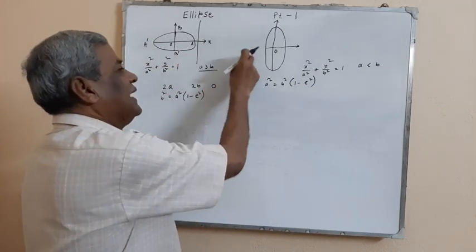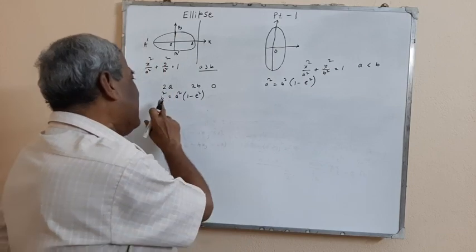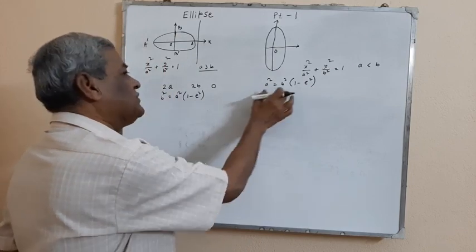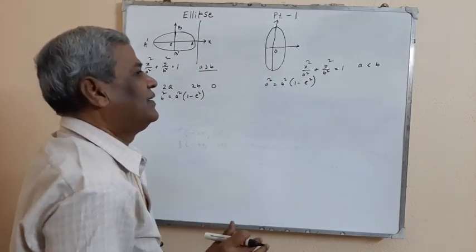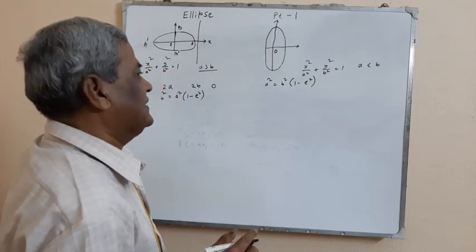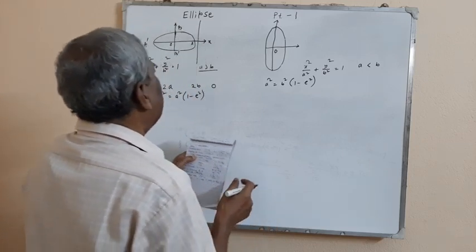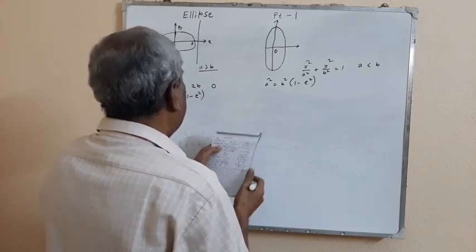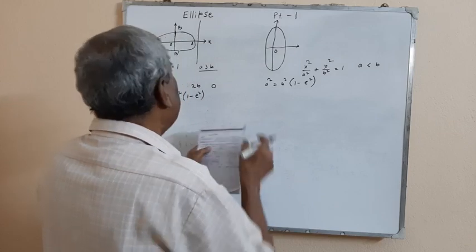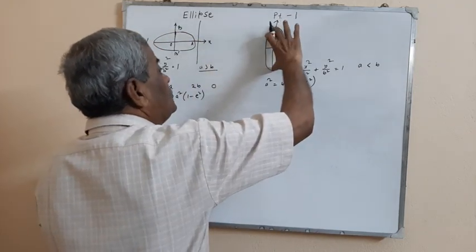For these two types of ellipse, you see A and B will be interchanged, and X and Y will be interchanged. For both cases, the center is at the origin 0, 0. For this, the major axis is 2A, for that, the major axis is 2B.